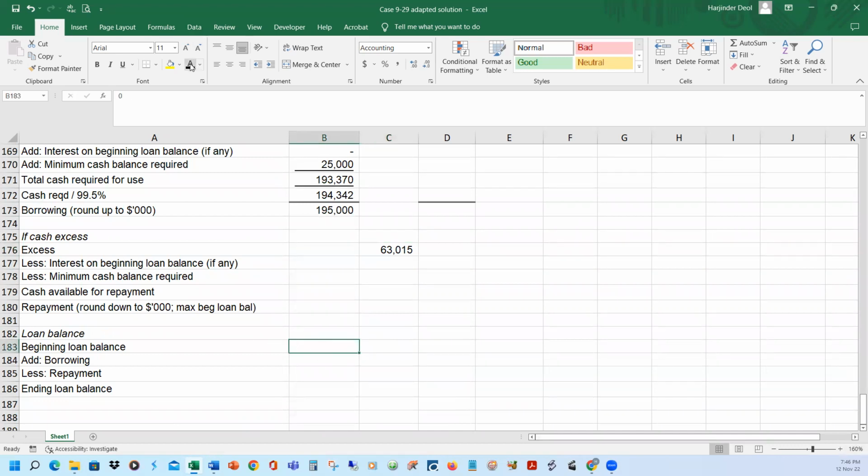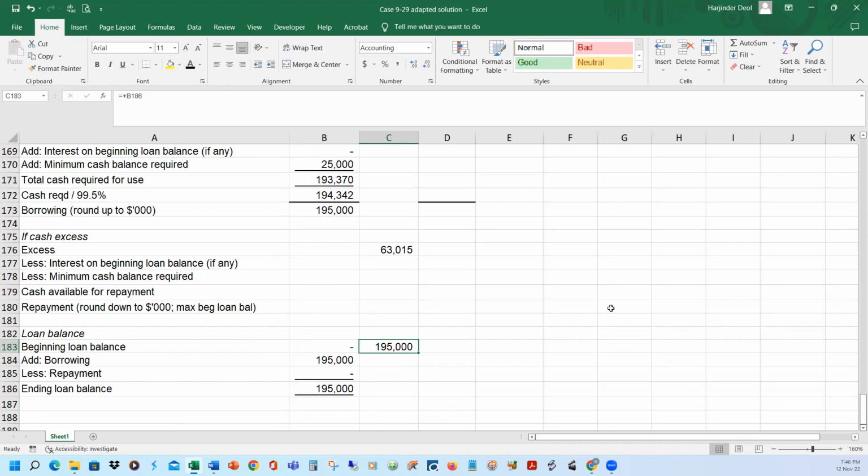There was no information about any loan balance at the start of January, so we started with 0. And then in January, we ended up borrowing $195,000, paying nothing. The loan balance at the end of January, therefore, was $195,000.